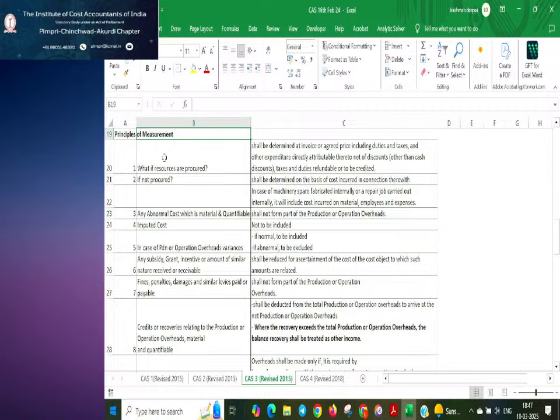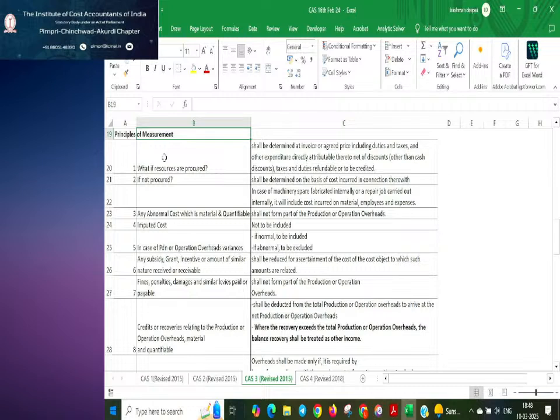And if there are certain discounts, you have to adjust them. This is universally applicable everywhere. If you procure material from outside, the same rule holds. If you procure some other resources for the production overhead, not directly related to direct material, direct labor or direct expenses, the same thing will be applicable.